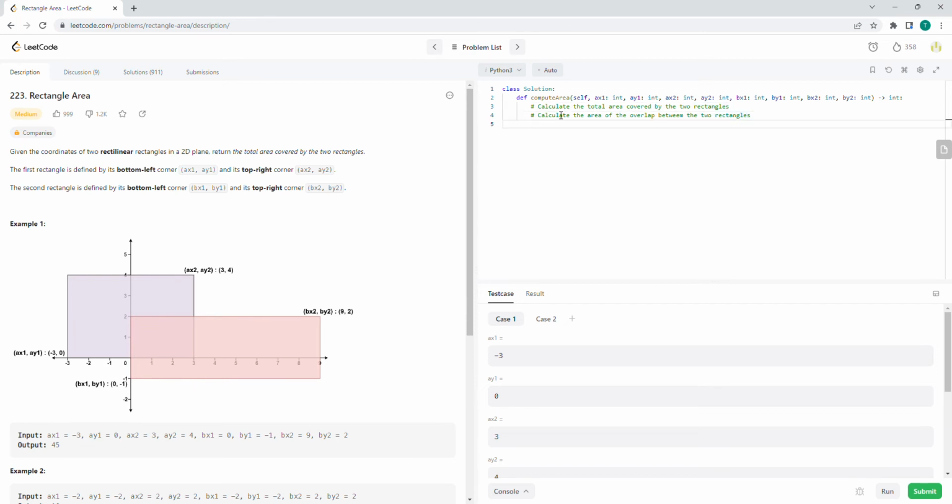Alright, next thing I'm going to do is subtract the overlap from the total area. So this is going to be our algorithm.